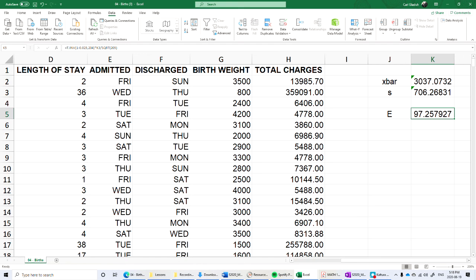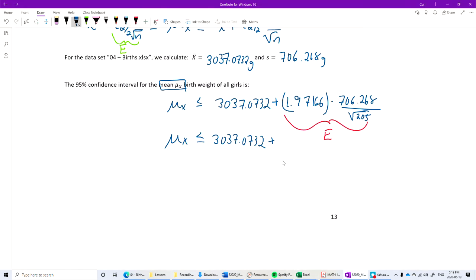There we go. There's my margin of error, 97.26 grams. So on this side, it's going to be X bar minus t alpha over 2 times S over square root of n, which I can just call minus E. So I know what that is now, minus 97.26.